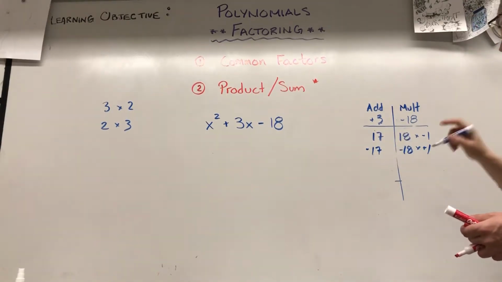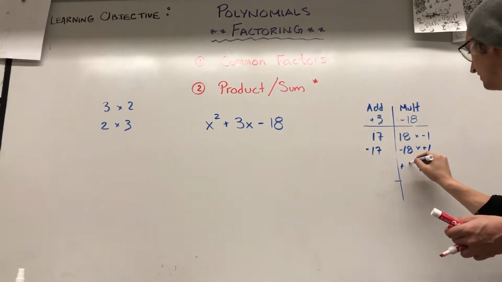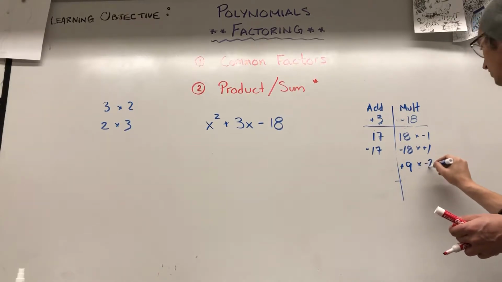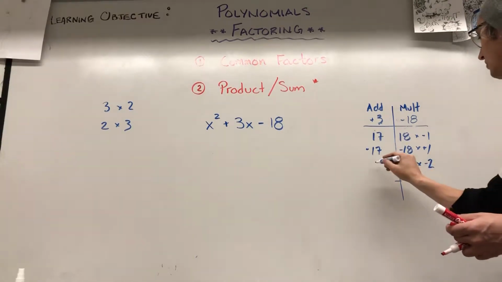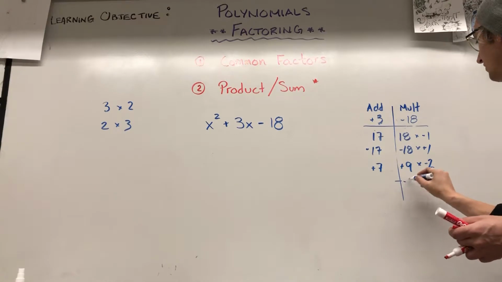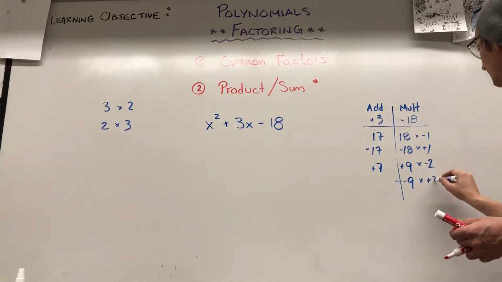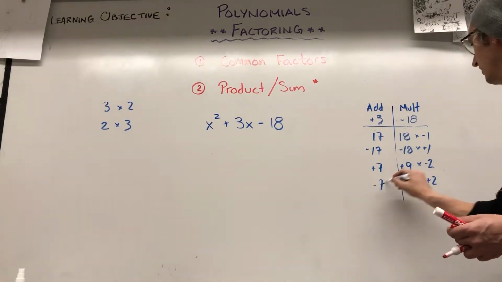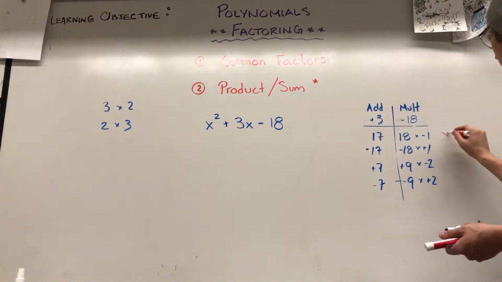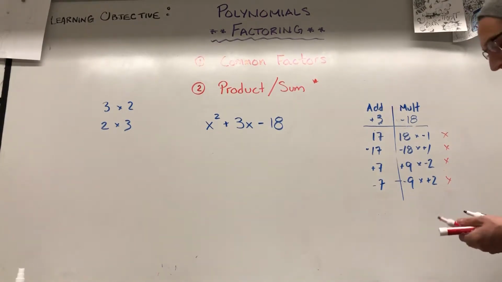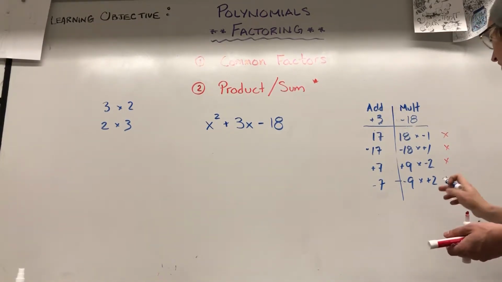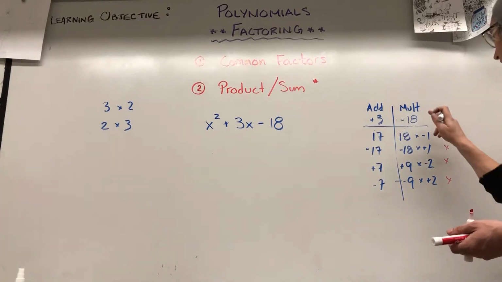So what else makes 18? 9 and 2. So let's try positive 9 times negative 2. 9 minus 2 is positive 7. And the reverse, negative 9 times positive 2, is negative 7. In any case, all four of these are not right. What else makes 18? I've done 1, 2, so 3 times 6.